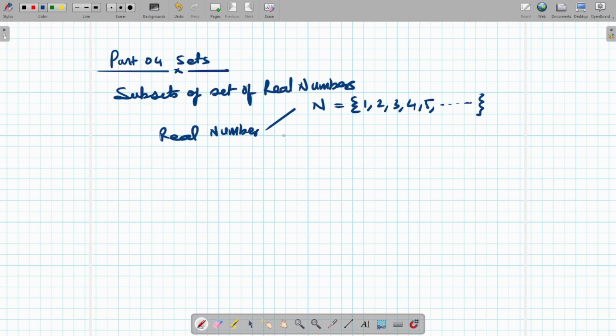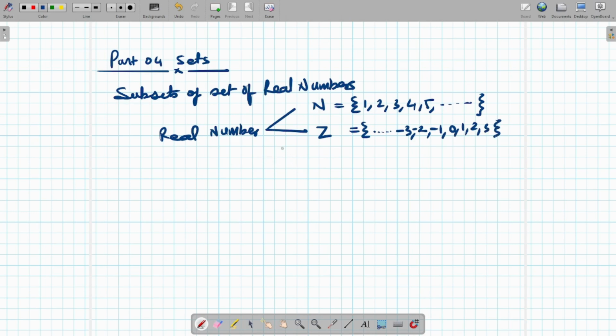Then there is this Z, which is denoted as the set of integers, and we have, let's say, -3, -2, -1, 0, 1, 2, 3 and so on.